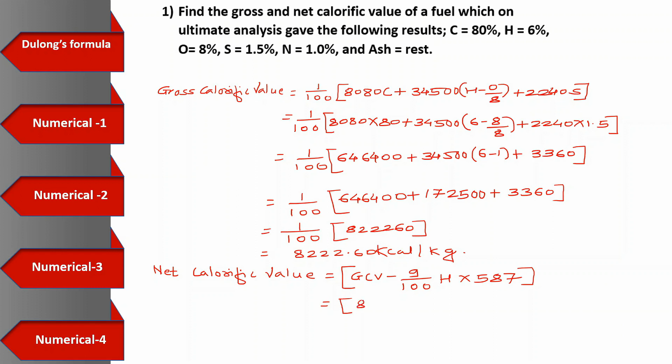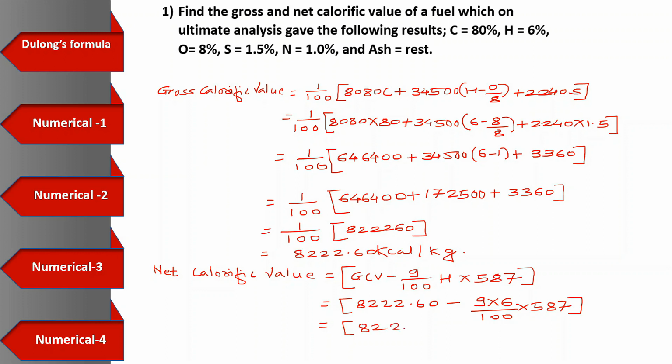GCV is 8222.60 minus 9 into percentage of hydrogen, which is given as 6, upon 100, into 587.